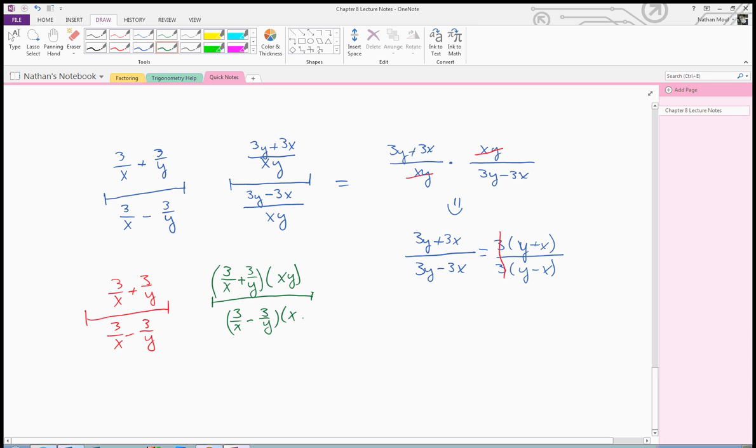And this is why I say that this one's just a bit more tedious, but sometimes this one does have its advantages. I'm going to run out of space, so let me go down here underneath.